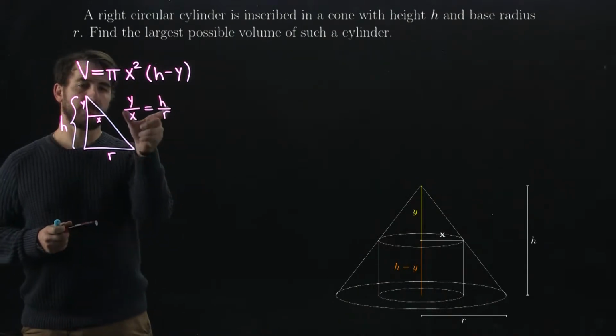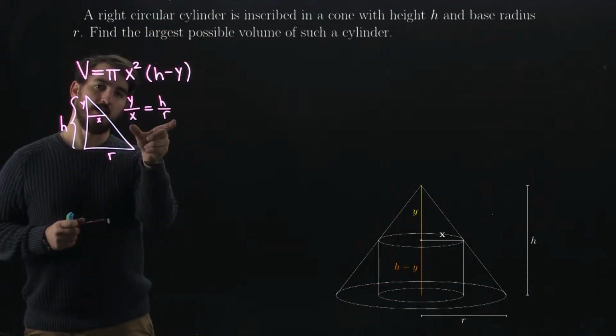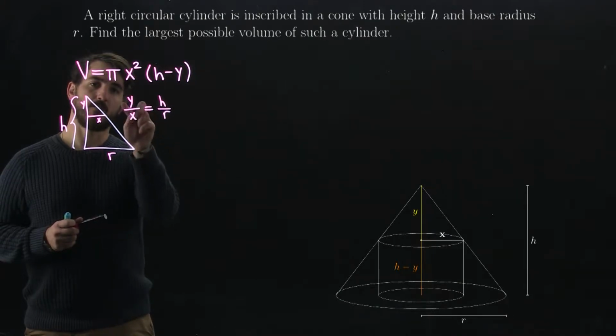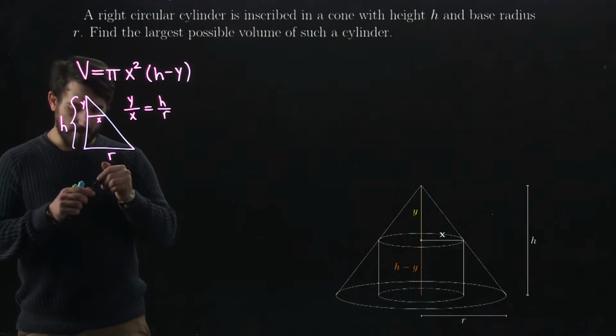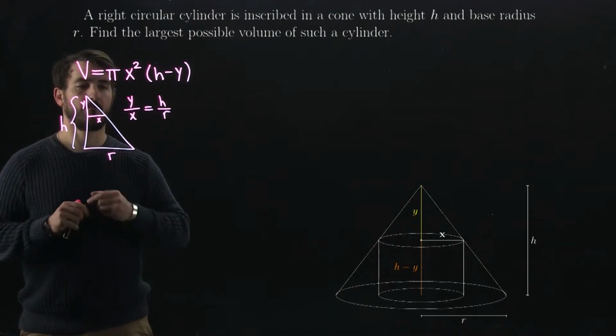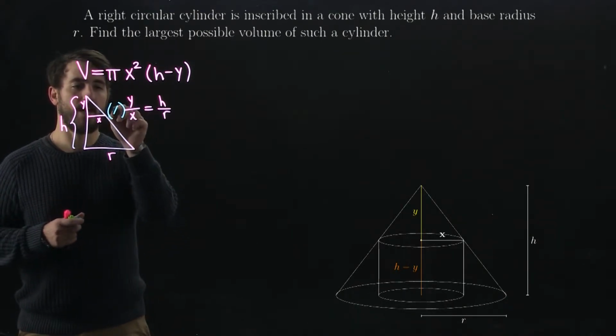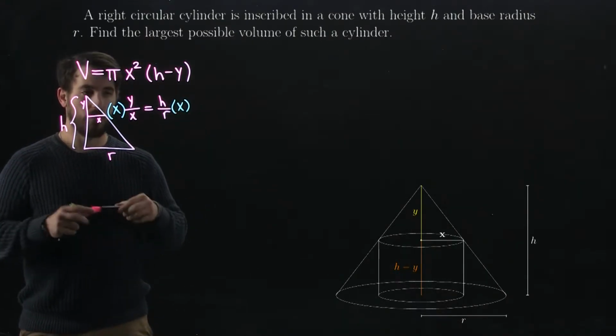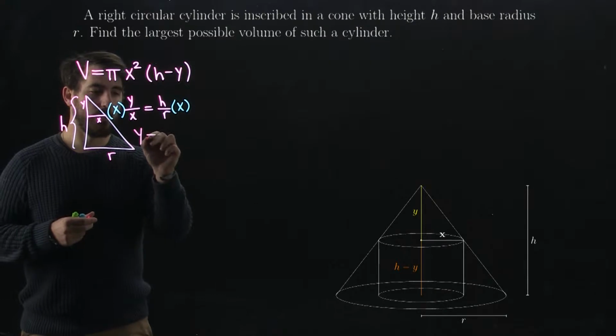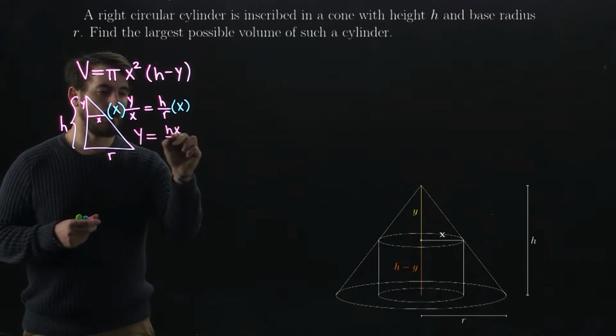Now, we can use this equation to solve for y so that we get y in terms of x. Multiplying both sides by x, we get y equals hx over r.